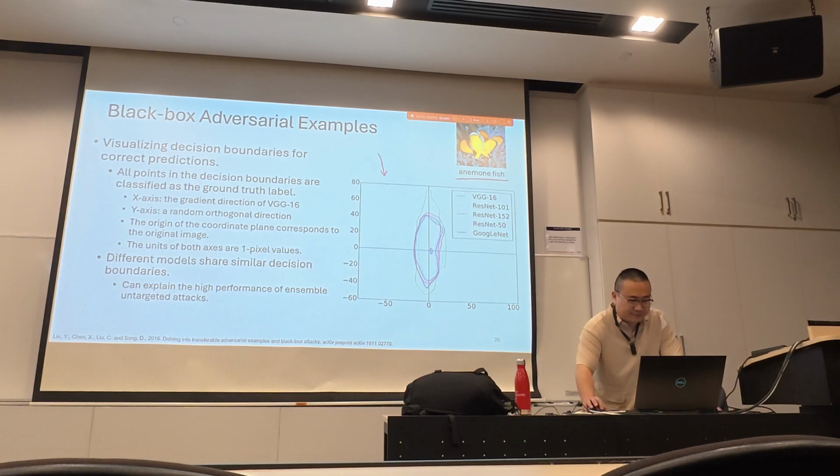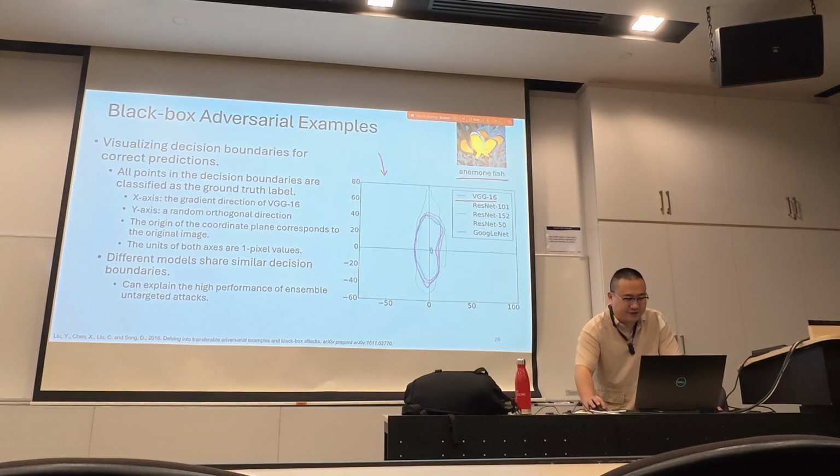So here, the target model is VGG16, and the ensemble consists of all the models except for the VGG16. So the ensemble consists of all the other models like ResNet101 until GoogleNet. And our target model is the VGG16. Given the image that can be correctly classified by VGG16, we then calculate the gradient. So this direction is used as the x-axis.